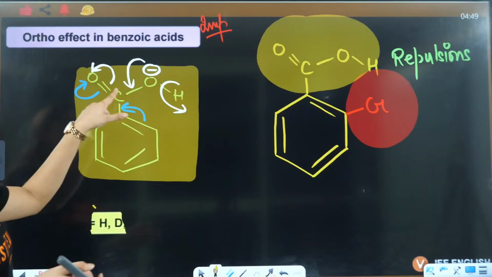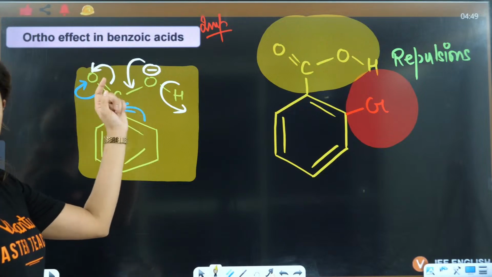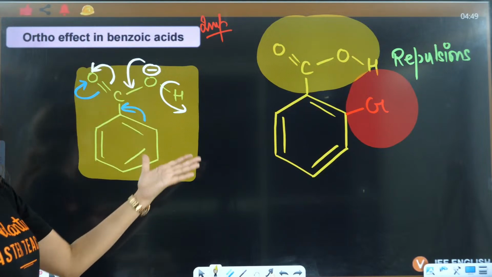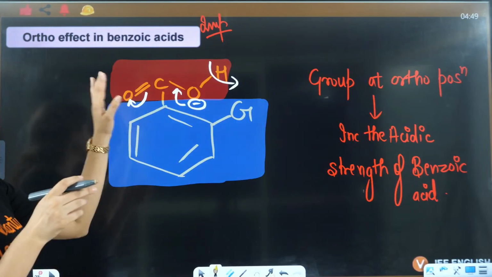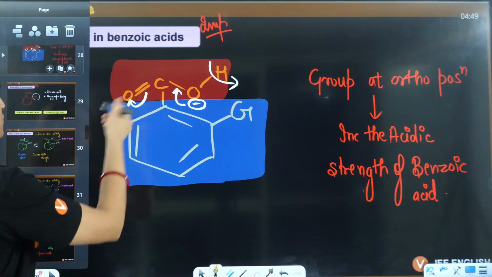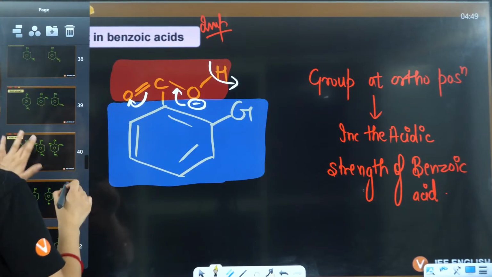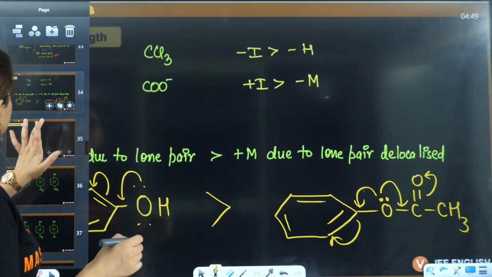This was plus M effect due to delocalized lone pair, and this was plus M effect without any delocalization, that means there was no cross conjugation here. Okay, everybody, tell me, is that clear?